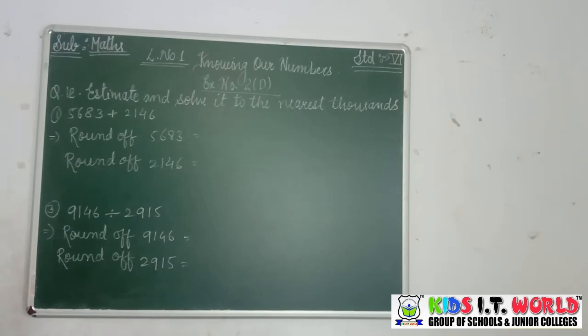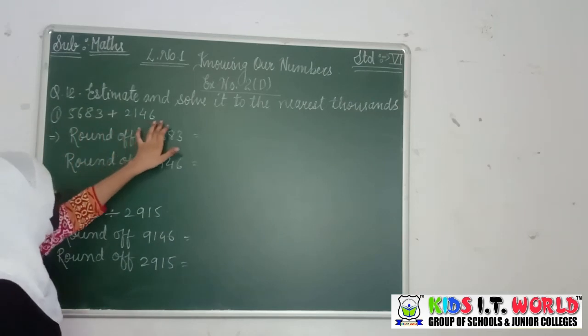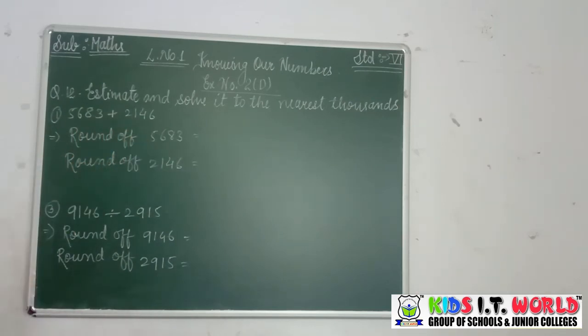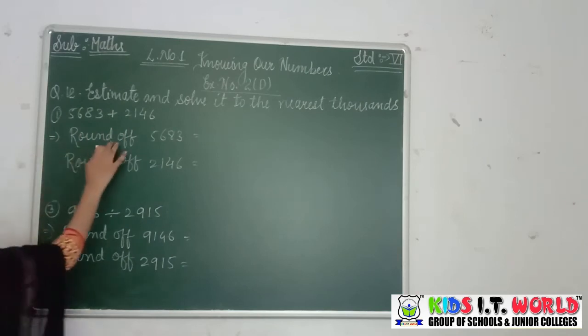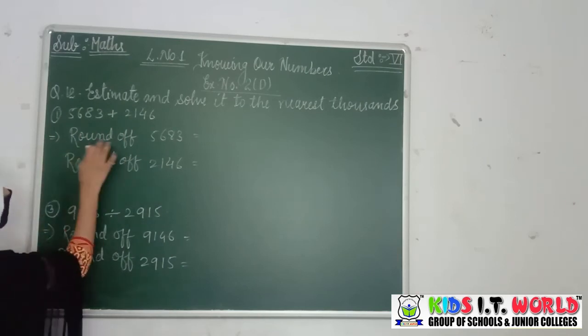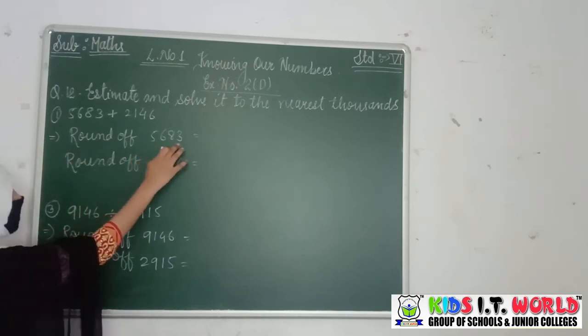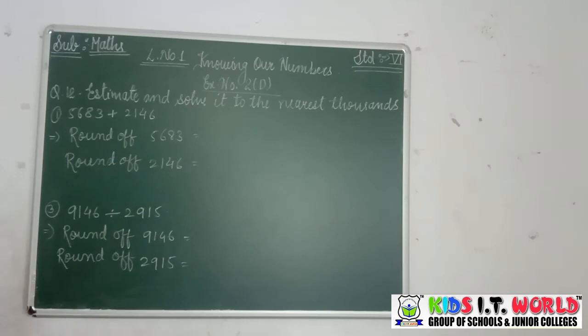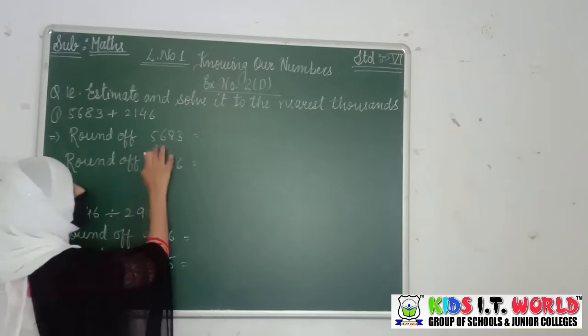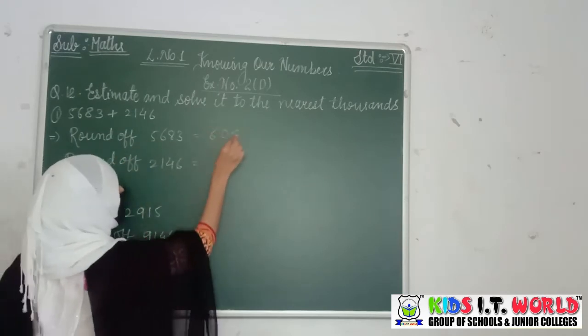So how will you solve it? First of all, see the question. They have given you the question: 5683 added with 2146. First of all, you have to round off both values. So first we will round off 5683. What will be the rounded value nearest to the thousand? It will be 6000.